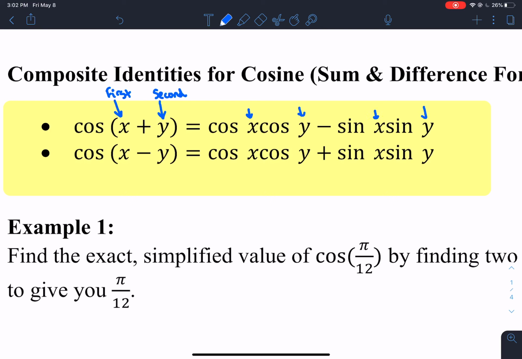And if you're subtracting the two angles, then it's cosine of the first, cosine of the second, plus sine of the first, sine of the second. So it's pretty straightforward. As long as you know what two angles you're using, you just apply it to the identity. It expands out. You can go from left to right, or if you happen to have a product like this, you can work your way back to get the cosine of x plus y or x minus y.